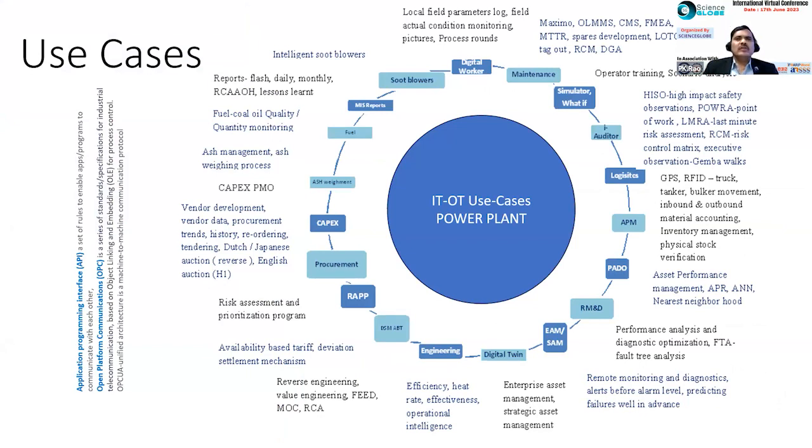For example, performance and diagnostic optimization, PADO. Then EAM, enterprise asset management, digital twin. Then RAP, risk assessment and priority planning, digital worker, and so on and so forth.